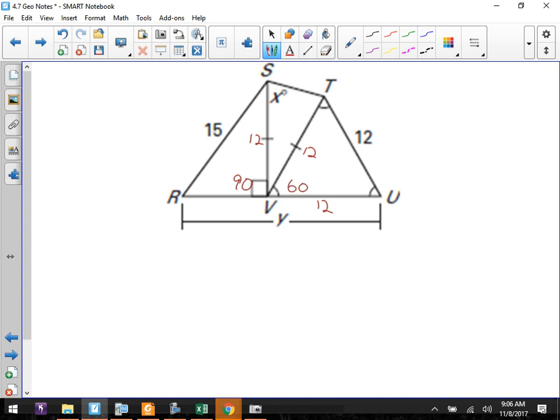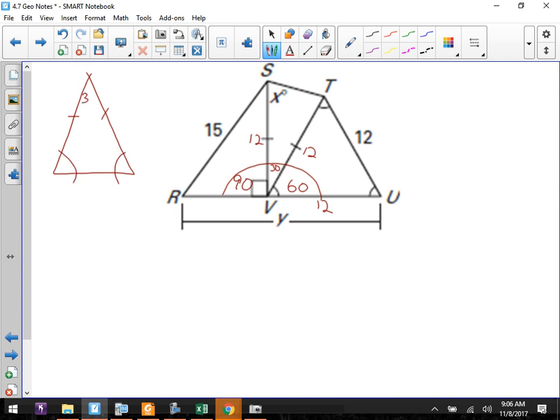So that gives me the vertex angle of the isosceles triangle to be 30, because all three of these have to add up to be 180. Now, having this being an isosceles triangle, remember, if the sides are the same, the base angles are the same.